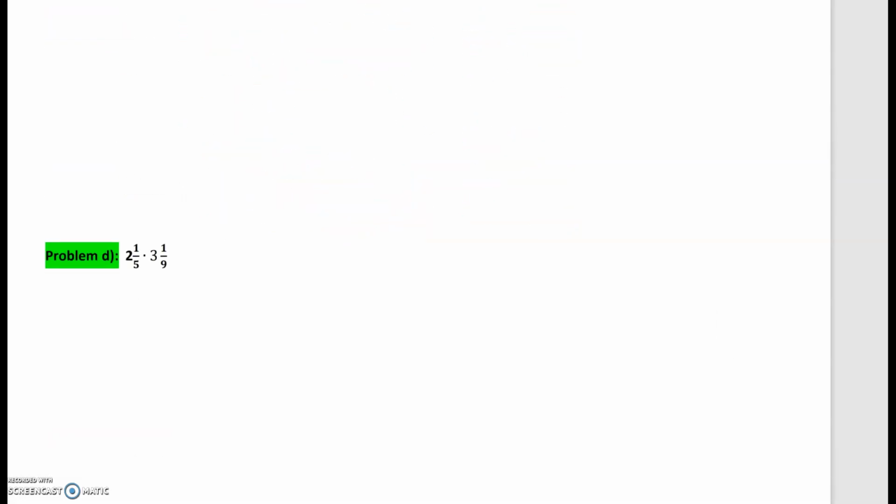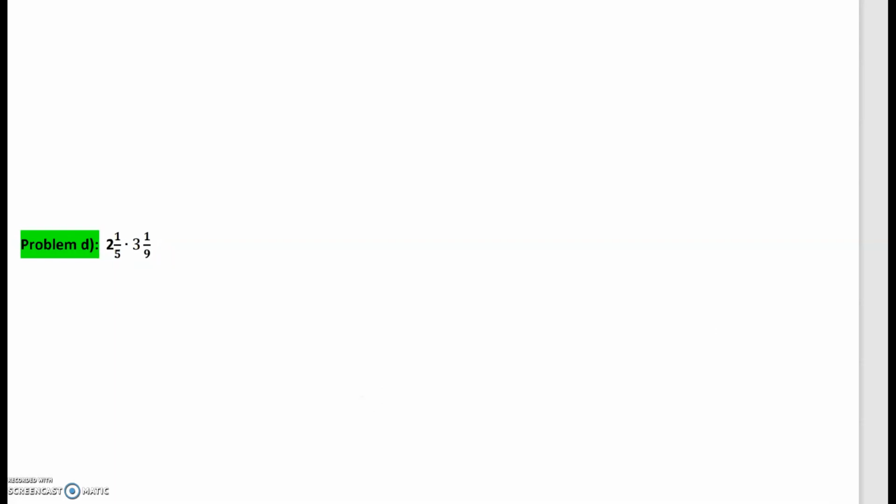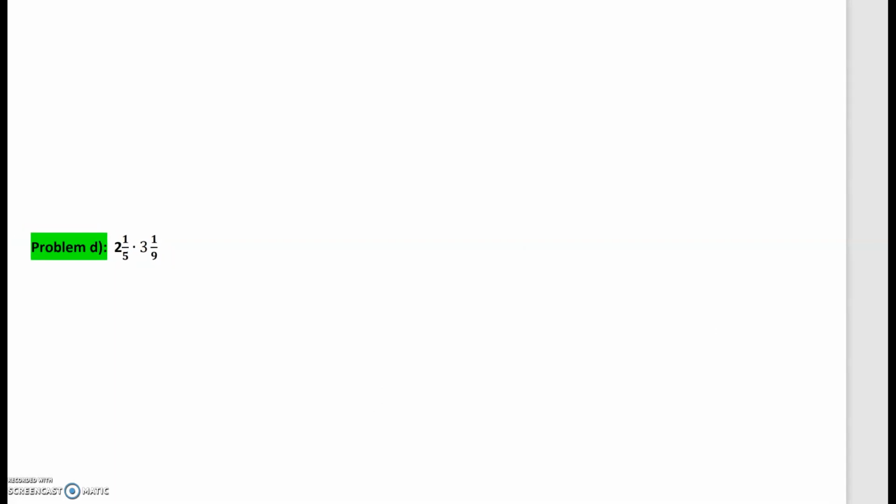Okay, let's move on to D, and this happens to be the last problem in this set of examples. So let me start by expressing these as improper fractions. On the first one, you're going to have 2 times 5 plus 1. That's going to be 10 plus 1. It's going to be 11 halves. Whoops, 11 fifths, sorry.